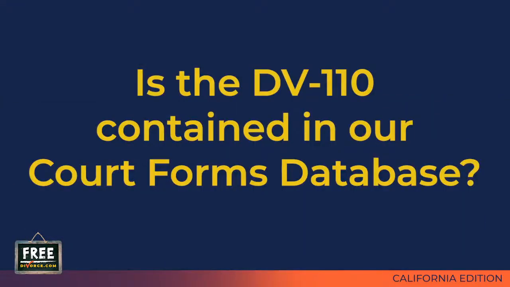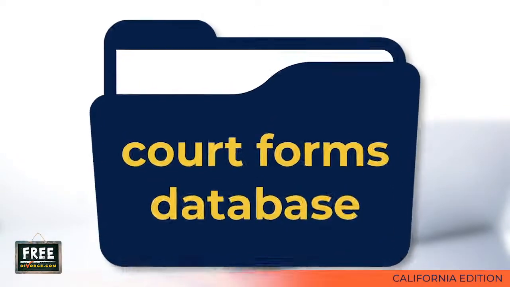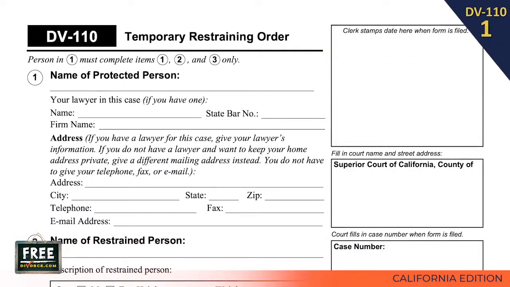Is the DV-110 contained in our court forms database? Yes. When you fill out the DV-110, you want it to match your DV-100. In other words, whatever restraining orders you requested in your DV-100, you're going to check the boxes for the same restraining orders on your DV-110.